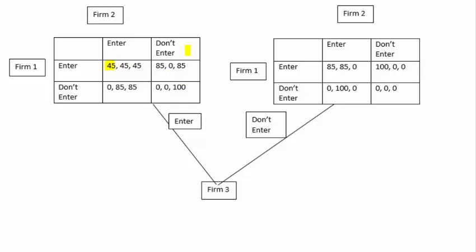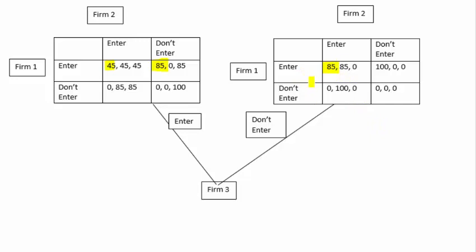And if firm 2 was to not enter and firm 3 was to enter, firm 1 would decide between 85 and 0 and see that 85 is the bigger number. So firm 1 would choose to enter if firm 2 decided to not enter and firm 3 decided to enter. Continuing, if firm 2 were to enter the market and firm 3 chose to not enter the market, firm 1 would decide between entering and not entering, and as 85 is the higher number, firm 1 would enter.